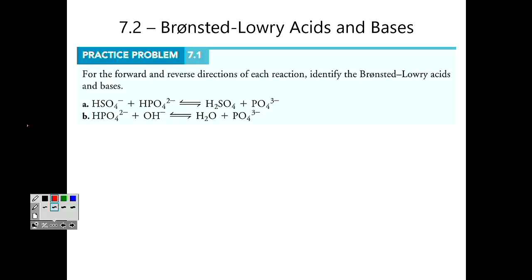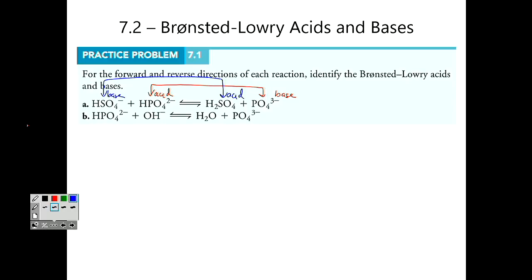So if you observe, this is related to this, and the one on the right has one less proton, right? So that means that this is an acid and this is a base, and they represent a conjugate acid-base pair, right? And then if you also observe this one and that one are related, they differ by one proton. The one on the right has one more proton, so this is the acid and this is the base.